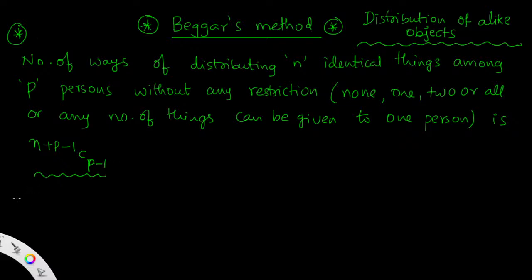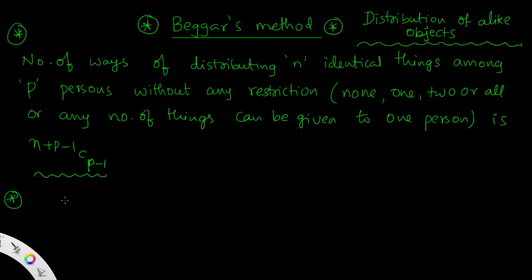The next, second formula is dividing n identical items into r persons such that each person gets at least one item, which is n minus 1 C p minus 1. Okay, first write the formulas.